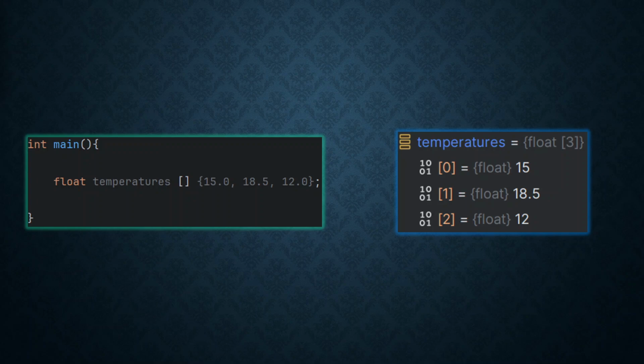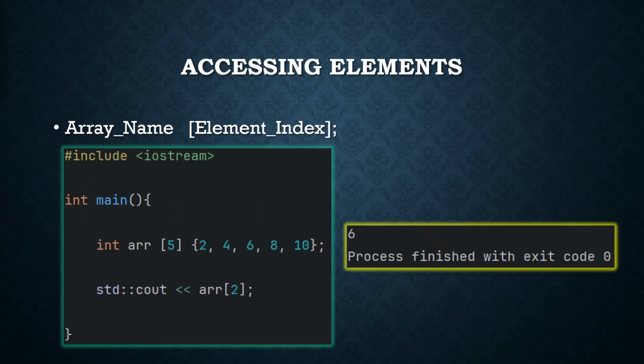Let's look at how to access elements in the array. It is very simple. We can access the elements by typing the array's name, then in brackets, the index of the element we want to access. Remember, the first element in the array has an index of 0. The second element has an index of 1, and so on.